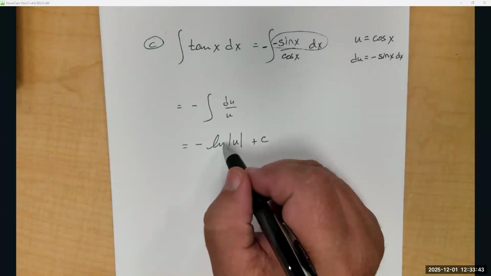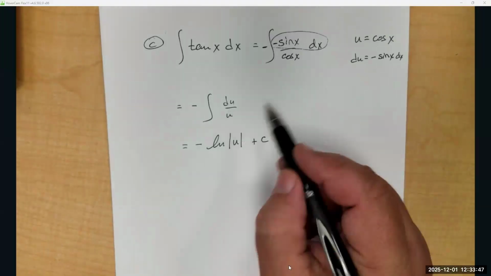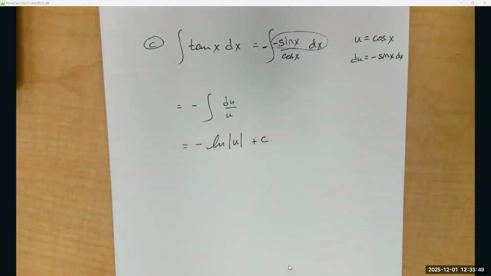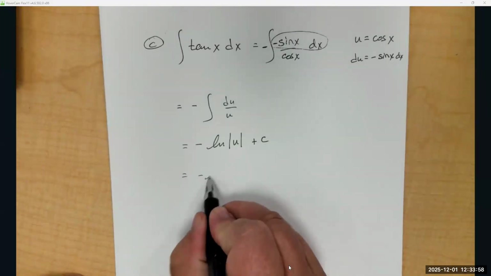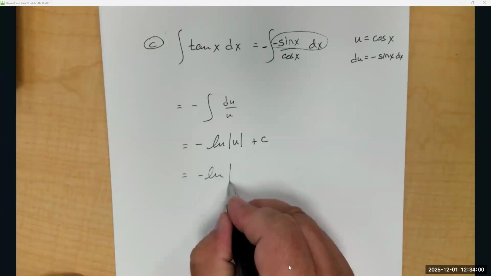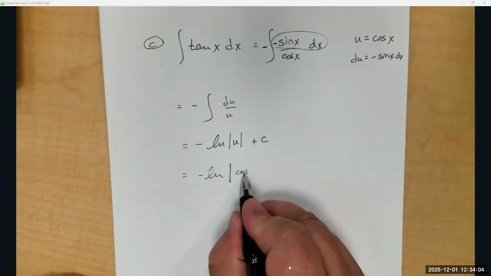You cannot take the ln of a negative number, and since cosine can be positive or negative, we have to make sure it stays in absolute values. So ln of u was cosine.